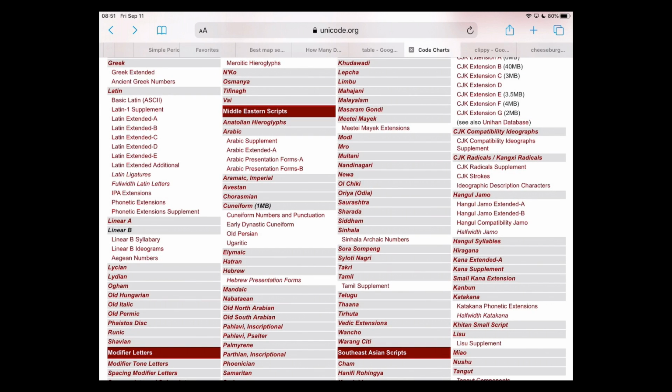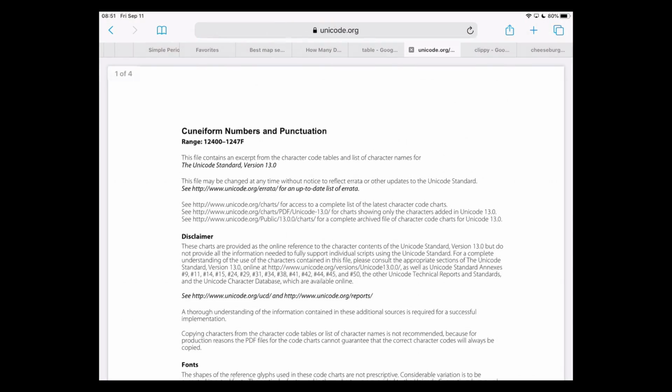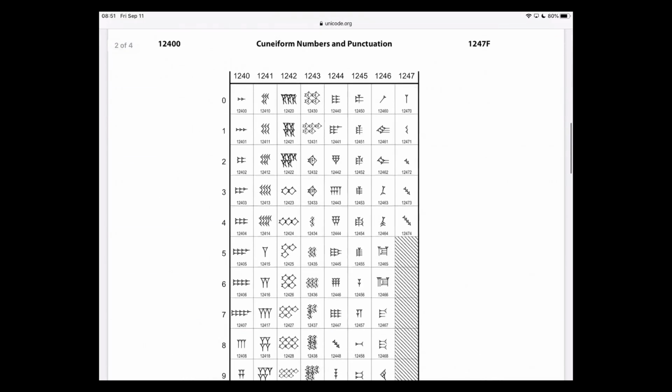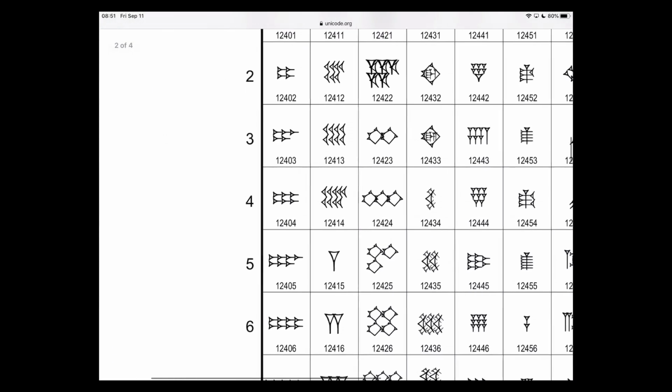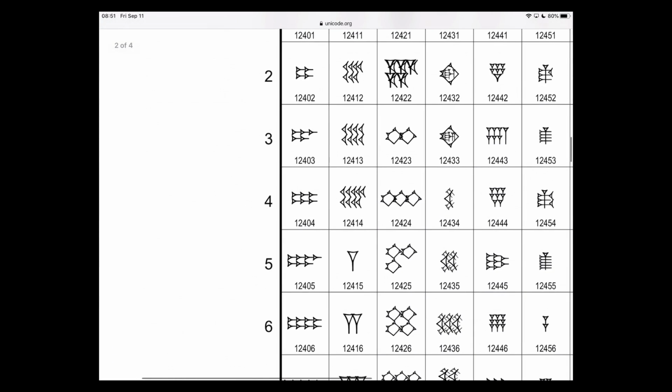Or like, say, cuneiform, right? How many of you guys have read Gilgamesh? Those of you who are not freshmen, because you haven't gotten there yet, although you probably should have read Gilgamesh before you got here, right? Cuneiform, right? Useful to be able to represent that stuff.